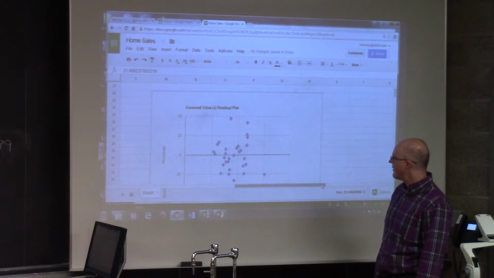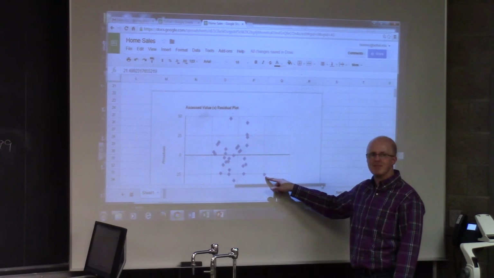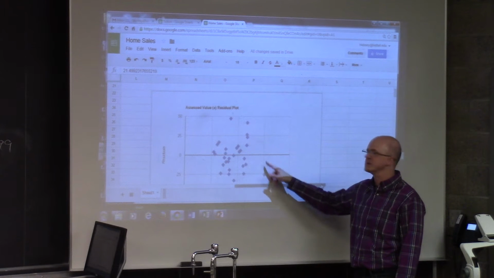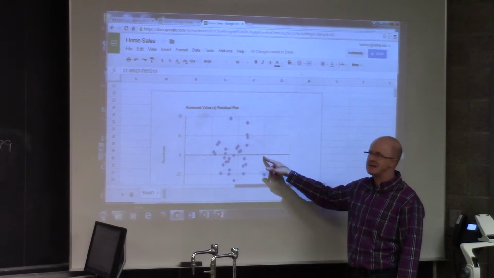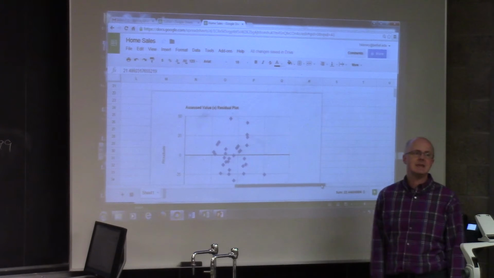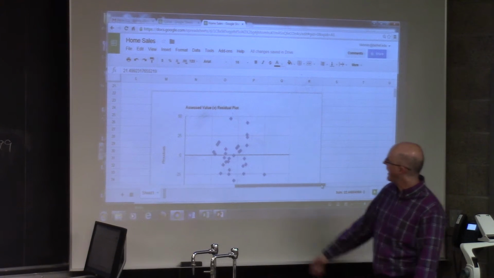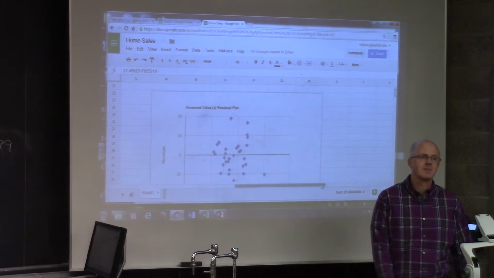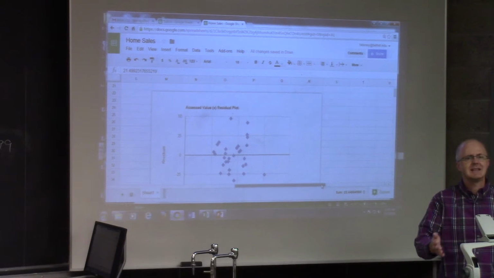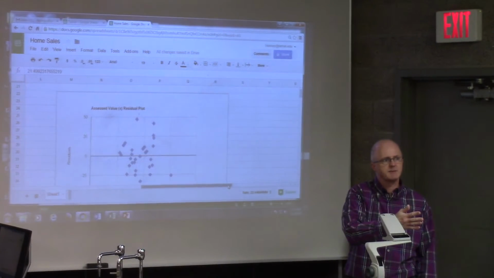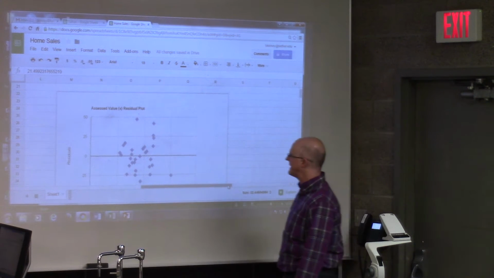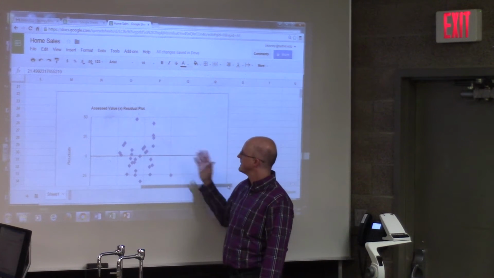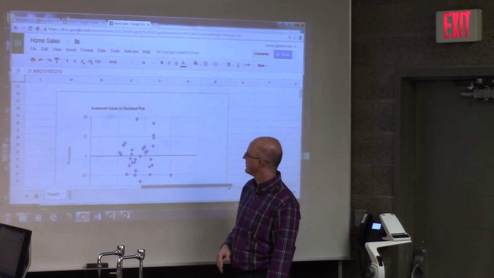Are there outlier residuals? Well, yeah, I guess that one might be kind of an outlier residual, though it's more an outlier for x, the assessed value, than it is for y, or y minus y hat, the residual value. It's more of an outlier for x. It's a bigger house, a more expensive house in terms of the assessed value.